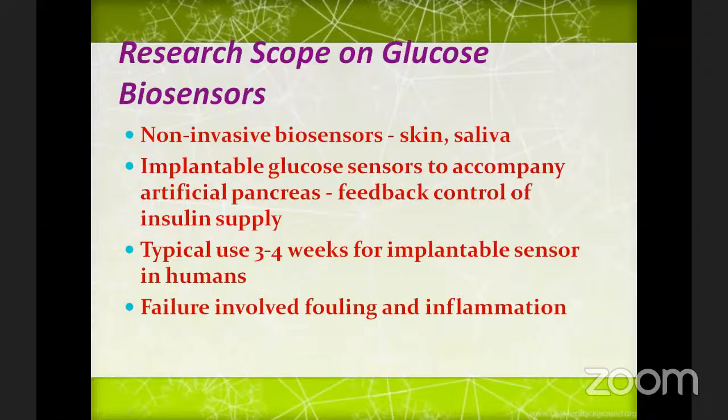Okay, research scope. The research scope for blood glucose and glucose biosensors: recent researchers found various other areas where blood glucose can be determined, such as the skin region or the saliva.